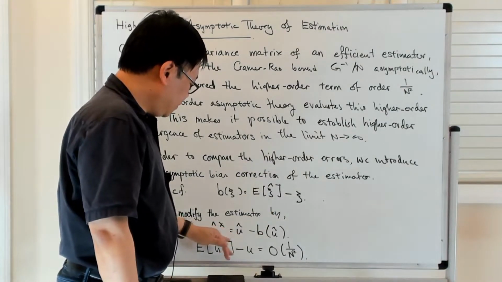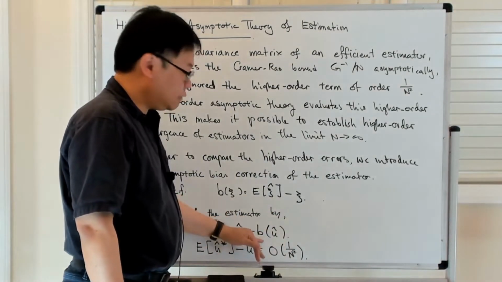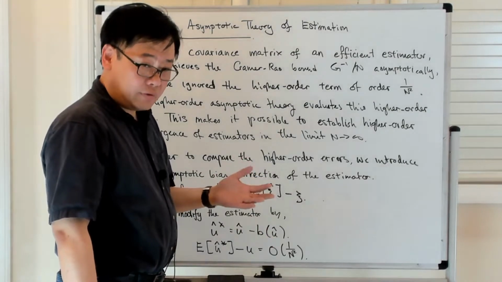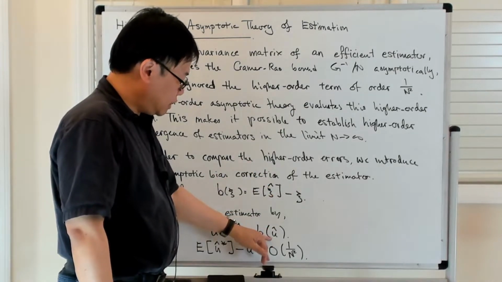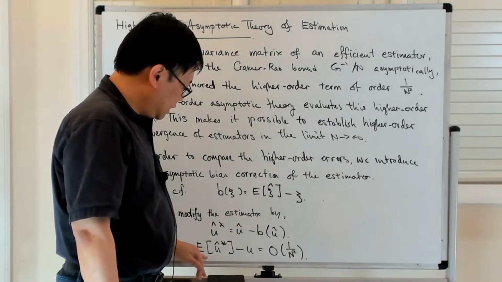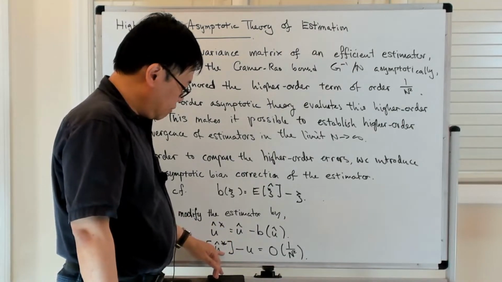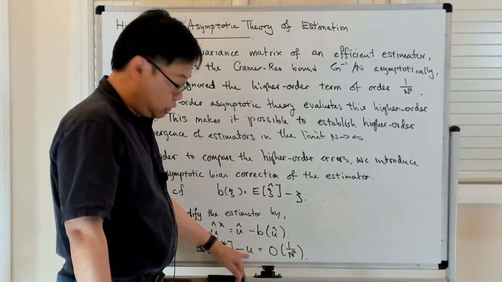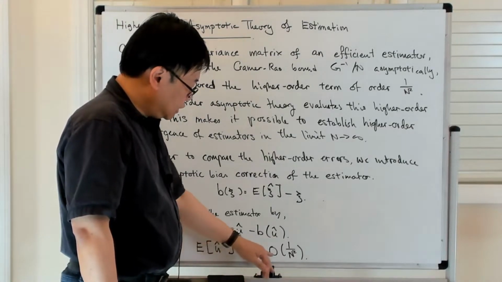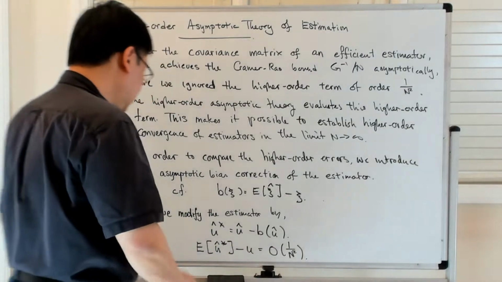And so if you remove the bias, which is the leading error term, in the estimator, then you would expect that the expectation of the shifted estimator is going to be higher order, right? So that's basically what's happening.